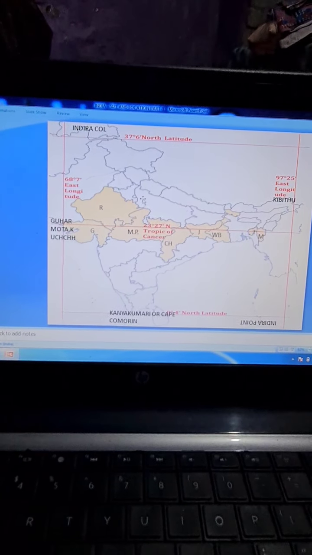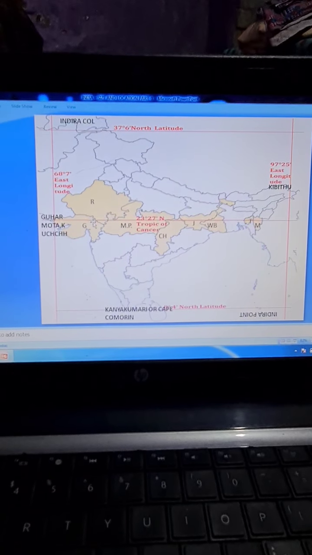And when we move above the Tropic of Cancer, the half of our country lying in the north of the Tropic of Cancer lies in the subtropical region.